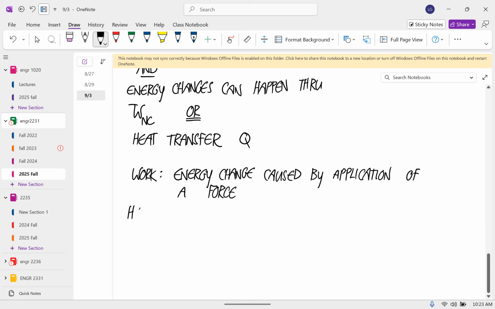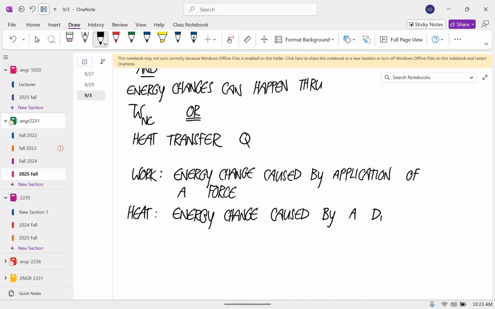And heat is energy change caused by a difference in temperatures.